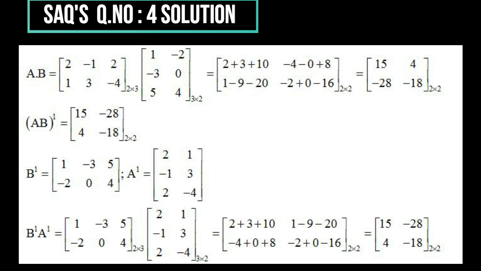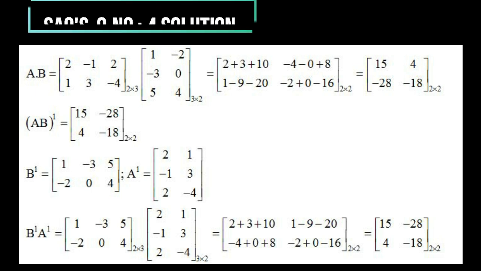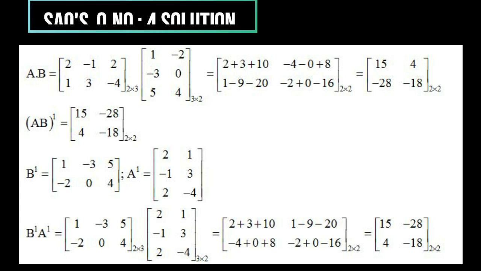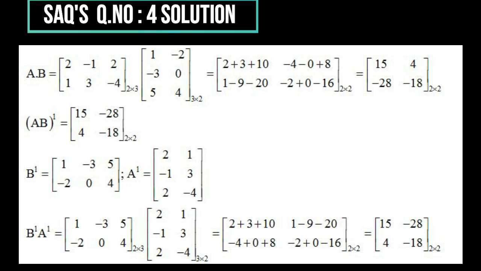Now we consider first AB, that is the product of A and B. Here A is of order 2 by 3 and B is of order 3 by 2. Therefore their multiplication exists and we get a matrix of order 2 by 2. Multiplying these two matrices, that is multiply the first row with first column, then 2 into 1 is 2 plus 3 plus 10. Next minus 4 plus 0 plus 8.